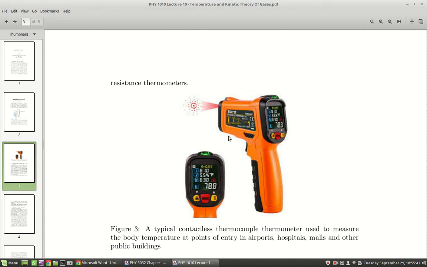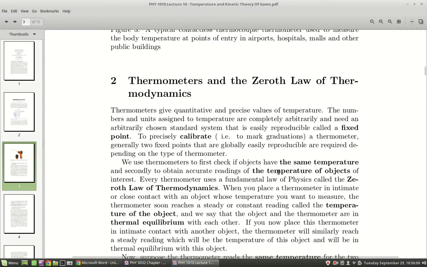So in a nutshell, when it comes to types of thermometers, you've got liquid in glass thermometers, then gas thermometers, then thermocouples, including these contactless thermocouples which are now being used to measure temperatures of people. Now, a thermometer basically serves two purposes.